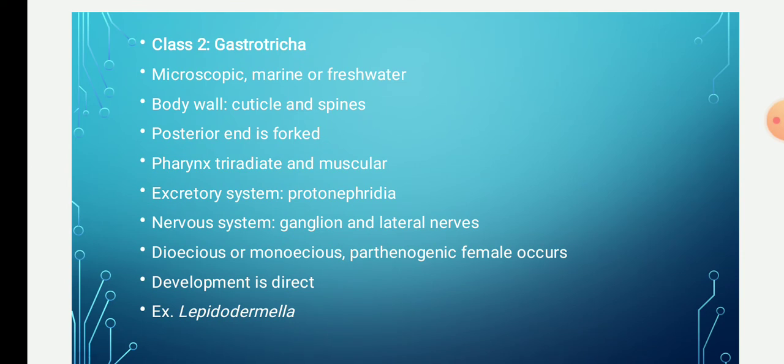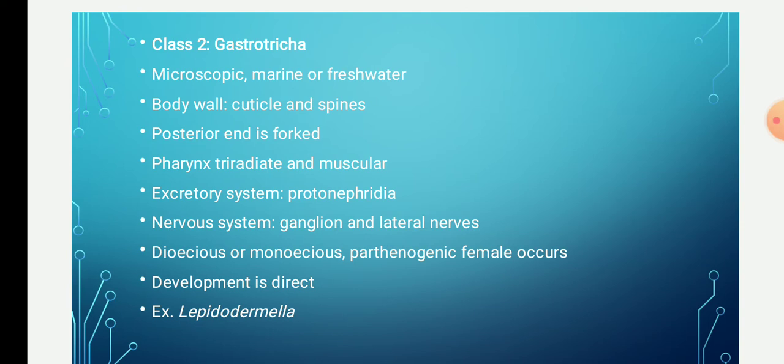Okay, then the next class is class 2, that is Gastrotricha. Gastrotricha include microscopic marine or freshwater aschelminths. The body wall contains cuticles bearing short spines, and cilia will be present on the ventral side. The posterior end is forked with adhesive tubes and glands. This helps in adhesion to the substratum, to hold the substratum.